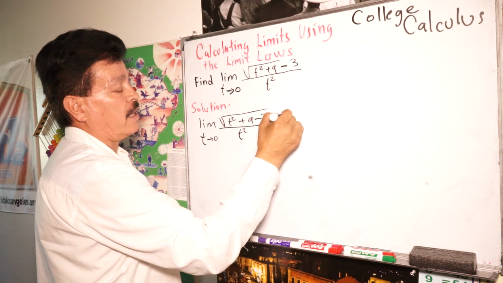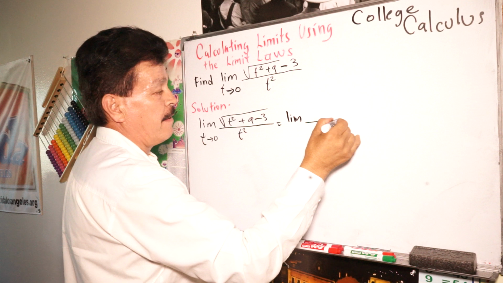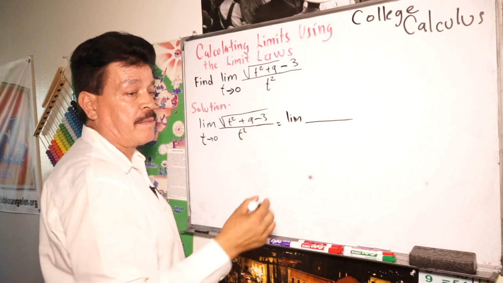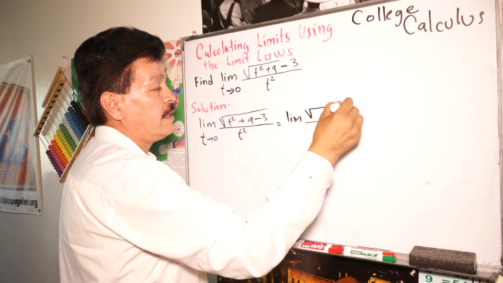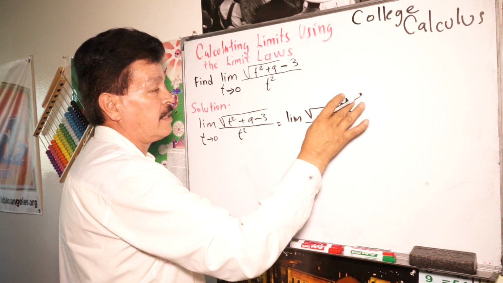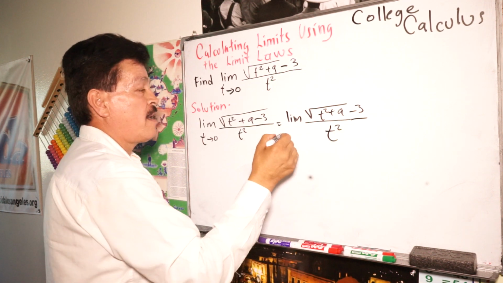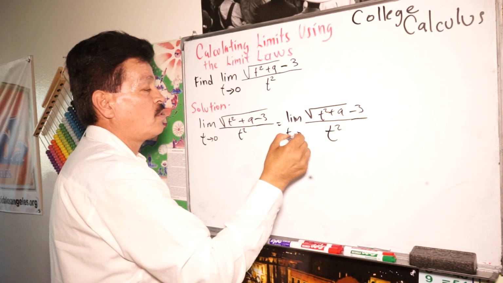This will equal the limit, remembering the concept that I wrote before, rationalizing: t squared plus 9 minus 3, divided by t squared, when t approaches 0.